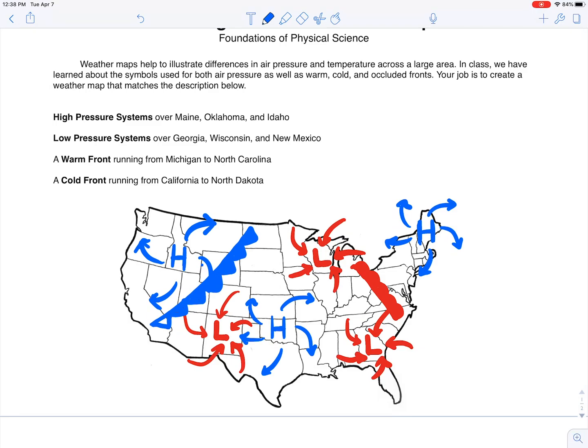And now we've got ourselves a cold front running all the way across the country from California to North Dakota. And that tells me that this is cold air here and it's moving this way, right? Those arrows point the direction that that cold air mass is moving. So when you're done, your map should look a little something like that.